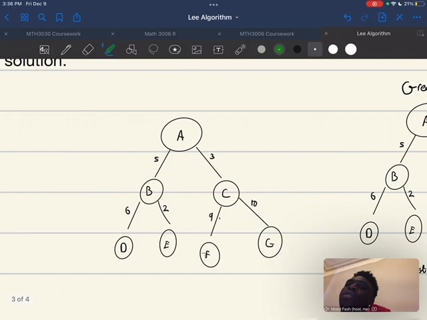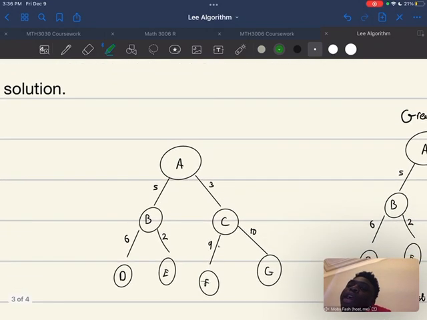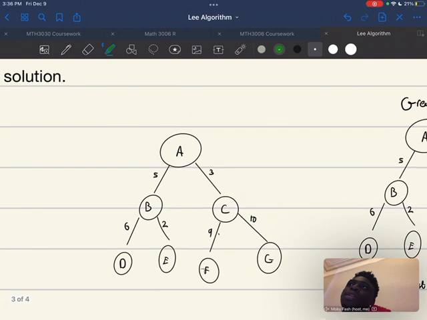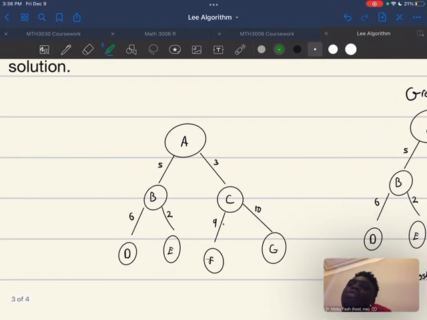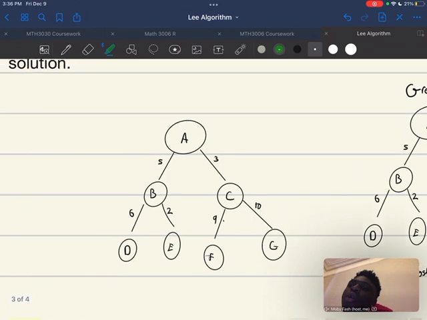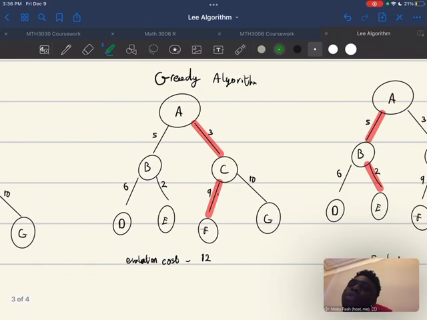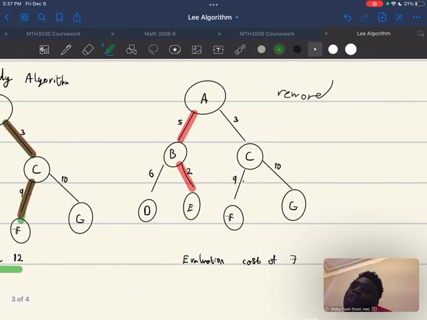So given a tree of tasks that need to be completed, in the example of a greedy algorithm, the algorithm would pick the lower cost here, then follow that up with the lowest cost here, and get an evaluation cost of 12, when that is not the most optimal solution, as if you take the higher cost on the first one, but then take a lower cost, overall you may get the lowest evaluation cost. So why use a greedy algorithm? A greedy algorithm is still a very good estimation of the most optimal solution.